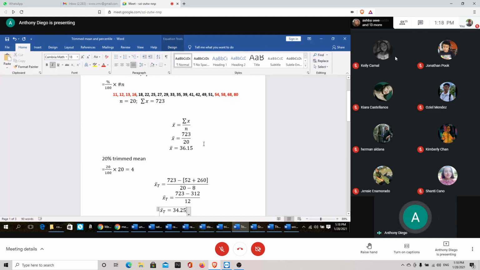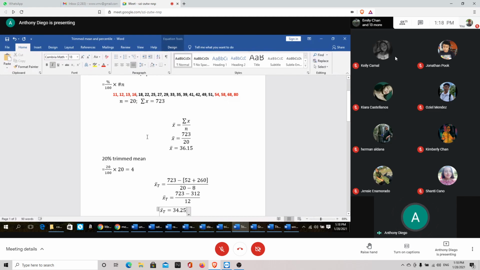If you do not want to do it in 2 separate ways, it's easier to just add all 8 of these, and that would give you the 312. Then you don't need this part, the 723 minus 312, because you will have added the 8 values already. But I try to do things in a way that makes things much easier and more flexible for you to use.